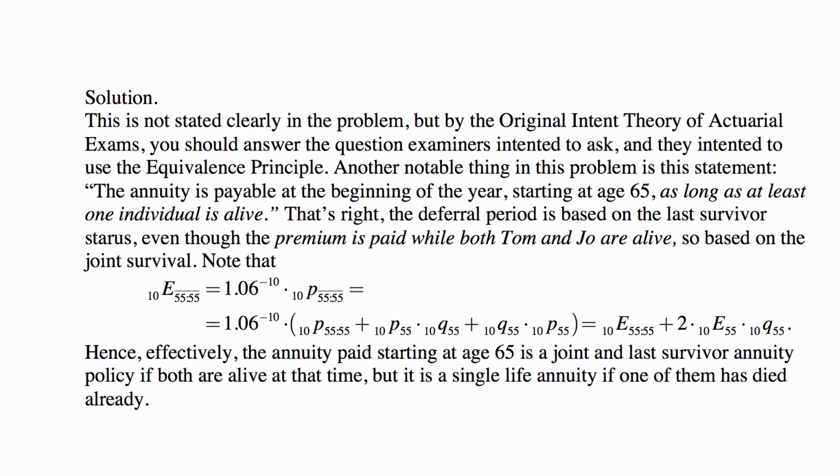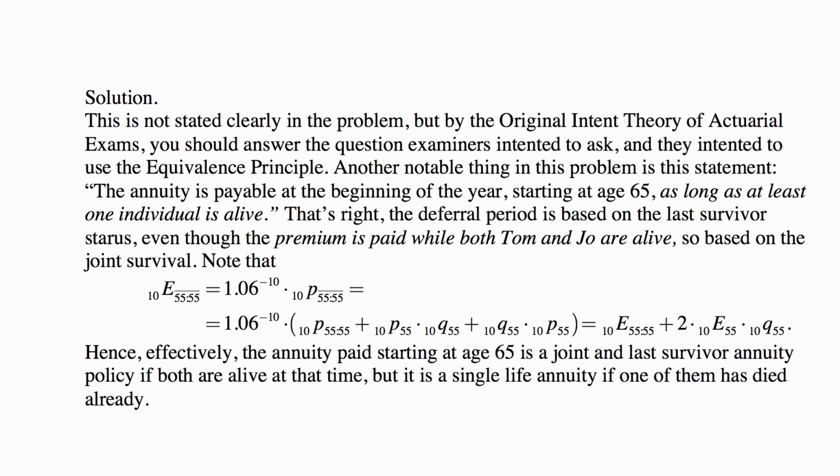So really two possibilities, because they're both the same age, these are the same probabilities. So we end up with 10E55:55 joint survivor status plus 2 times single survivor status deferral, 10E55 times 10Q55. It refers to one person dies and we go with survival of the other person.